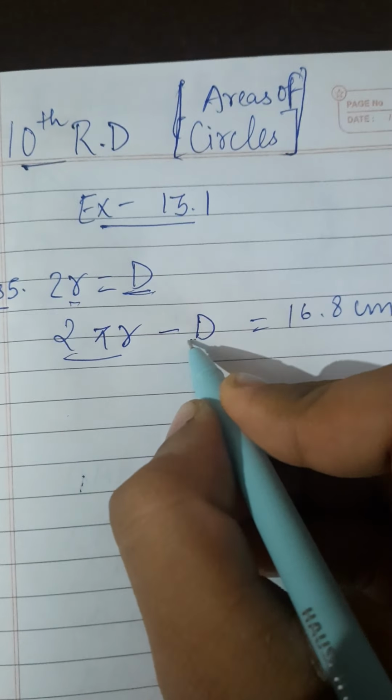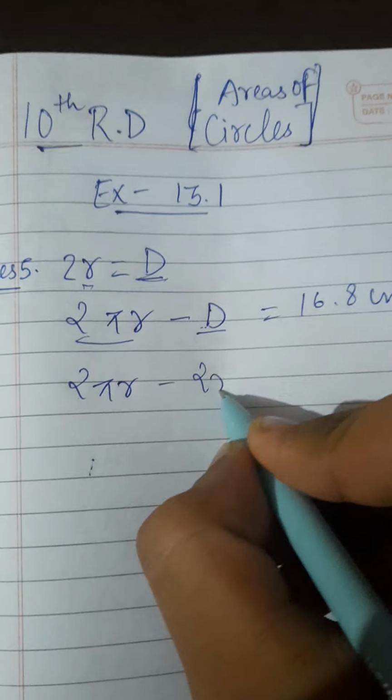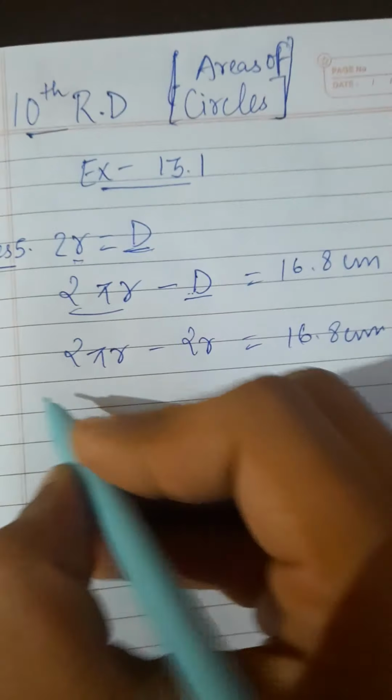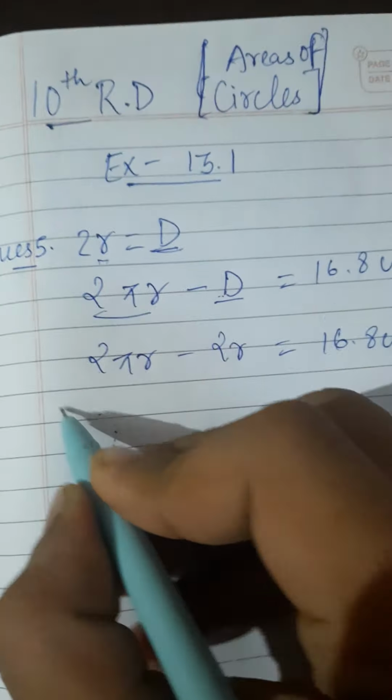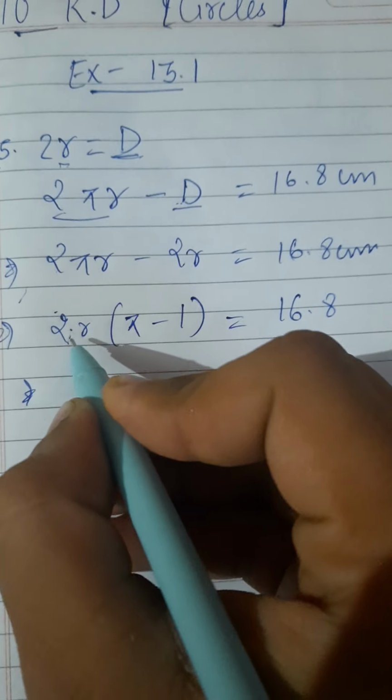So we can write d in terms of r here. So it will be 2 pi r minus 2r, which will be 16.8 centimeter. By taking 2r common, which leaves pi minus 1 in the bracket, we can write it down easily like this.